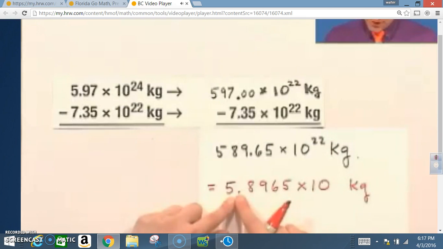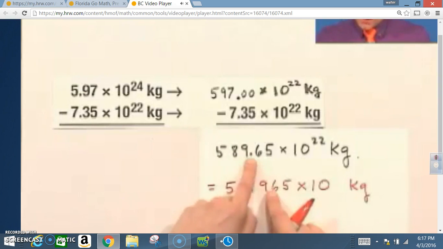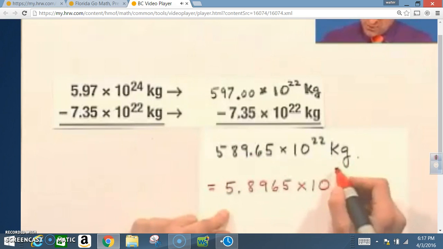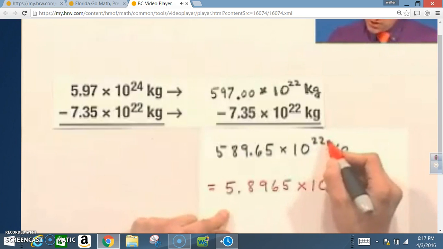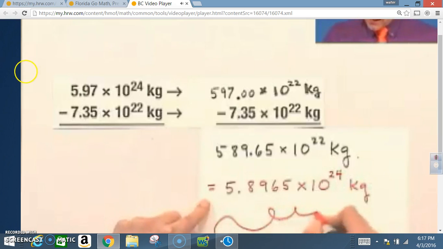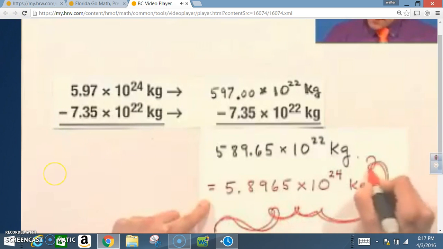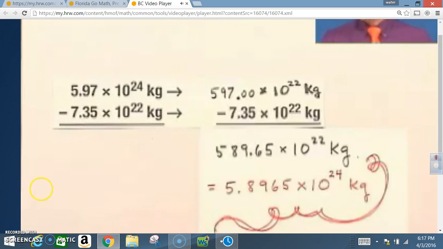So I've got to up it one spot to slide it over that one place, and then another spot to slide over the other place to get to here. So that's 2 moves. That's 2 extra powers of 10 I need, so I add 2 to the 22, which would be 10 to the 24. And so that is actually the correct difference in masses written in scientific notation.